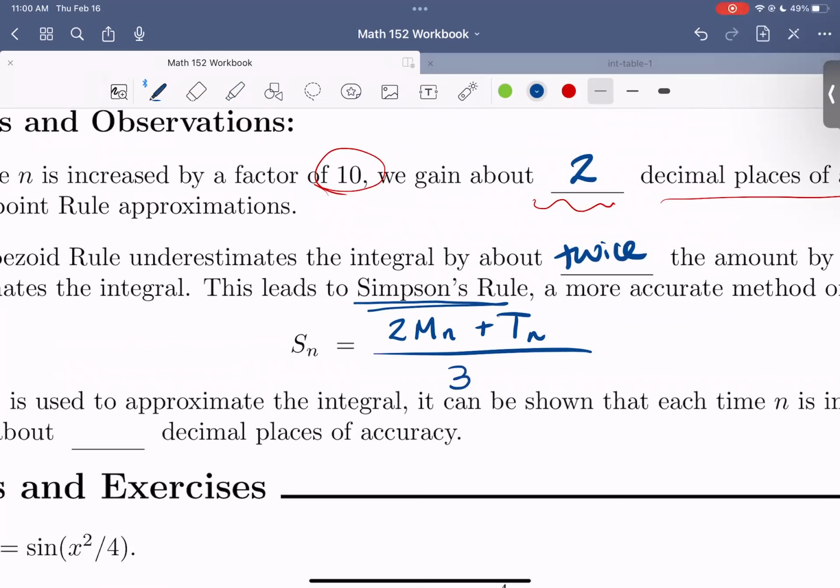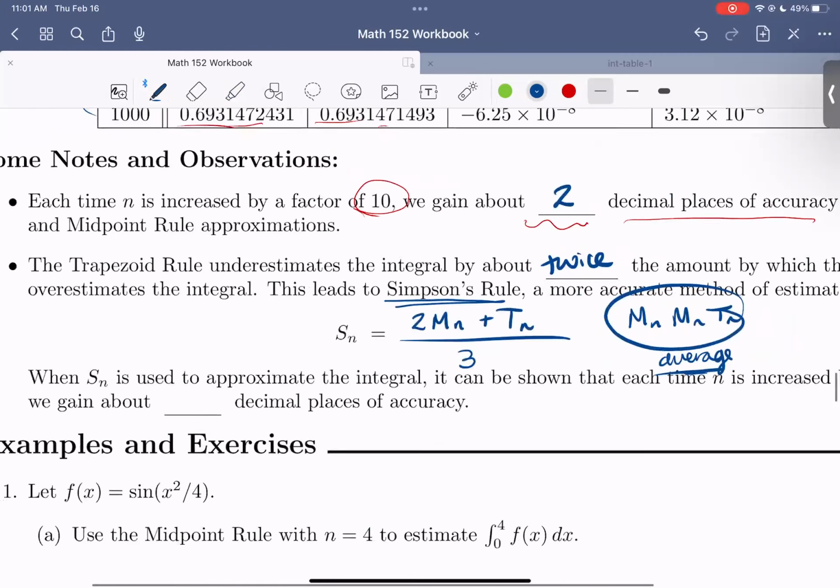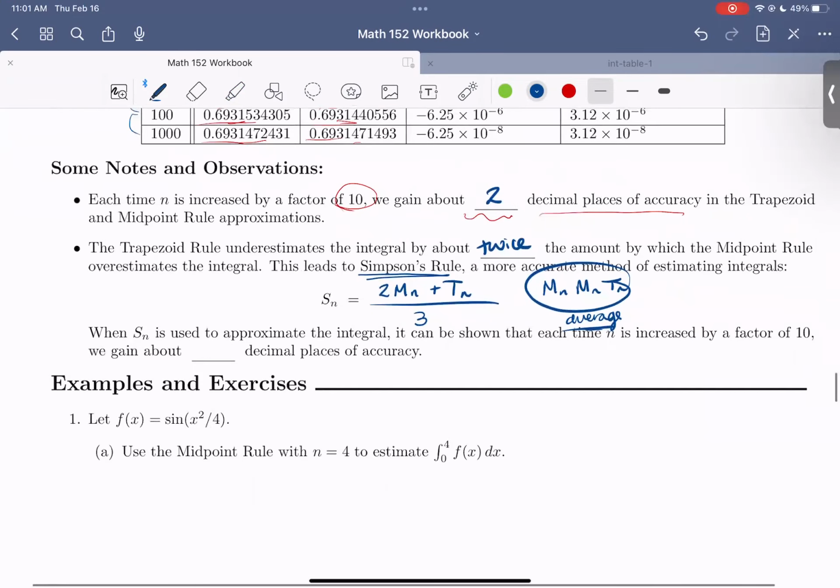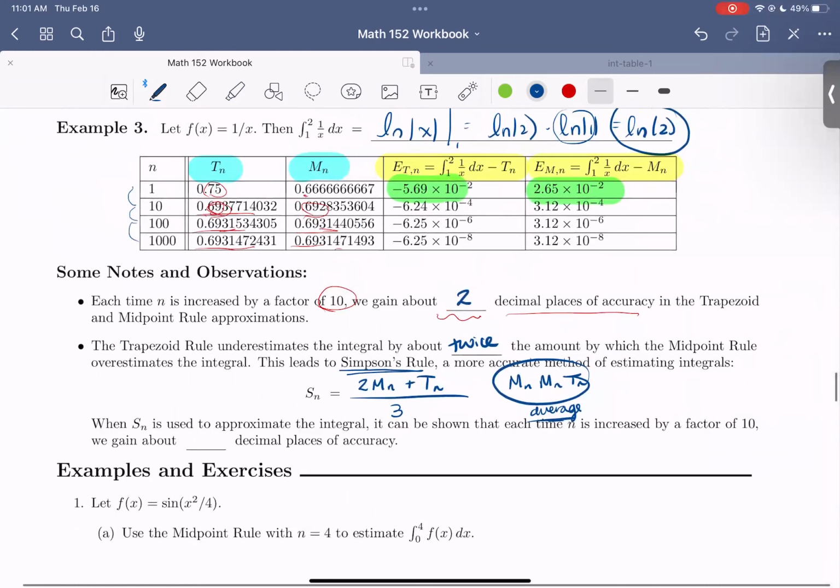So essentially, we're looking at an average of 2 midpoints and a trapezoid. So Simpson's rule is not necessarily a separate rule, but it's a way of using midpoint and trapezoid approximation to approximate the integral. And it's because of this relationship that we're seeing in the errors in general.